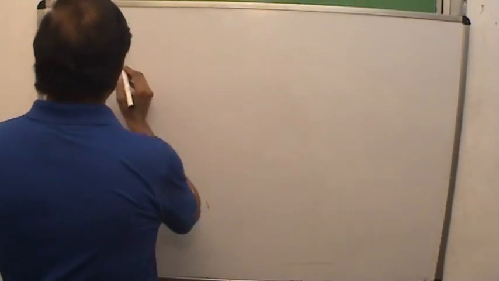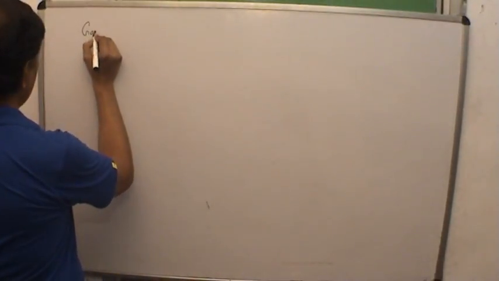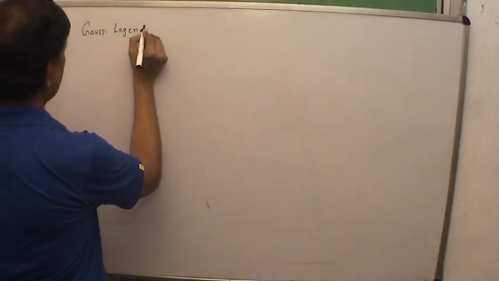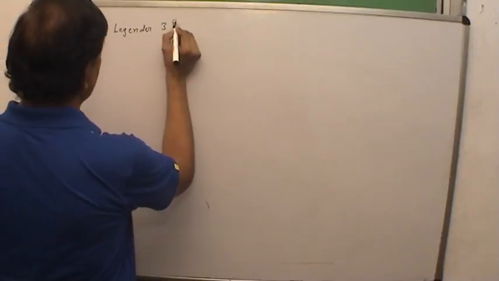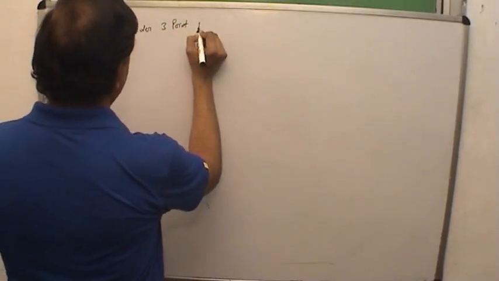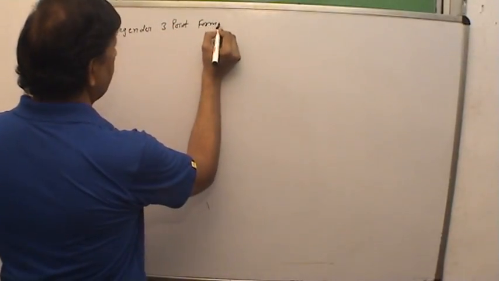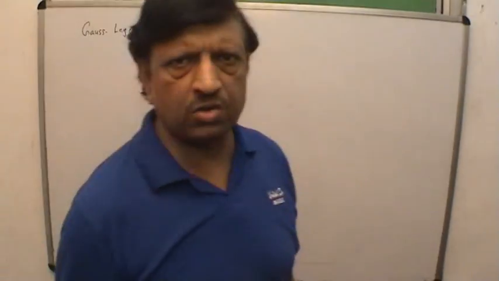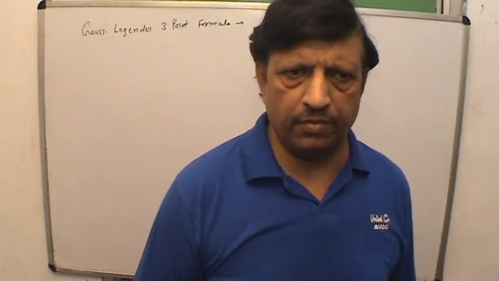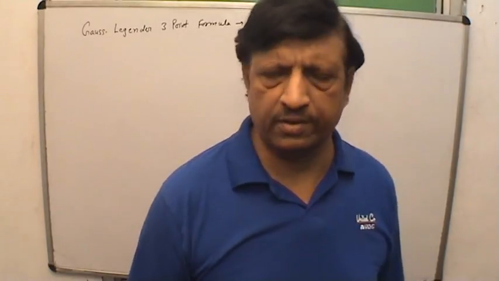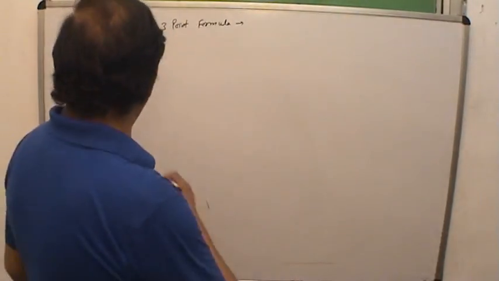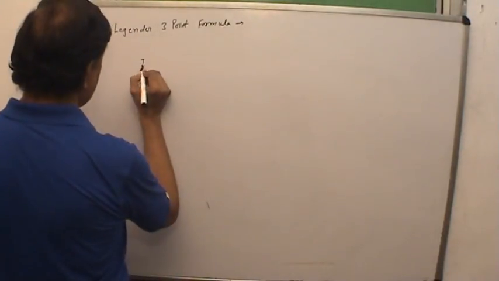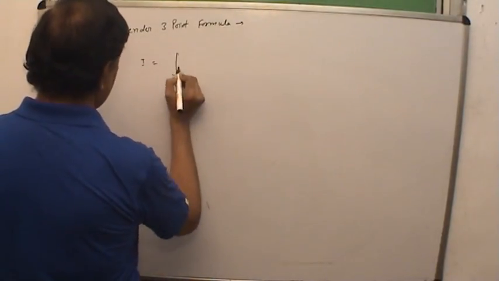Let us see, it is the Gauss-Legendre 3-point formula. It is the other name of the Gaussian quadrature which we were discussing in the previous lecture. Gauss-Legendre's 3-point formula, its integration from again -1 to 1.